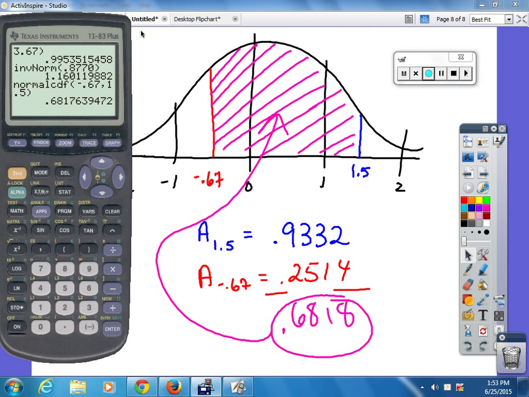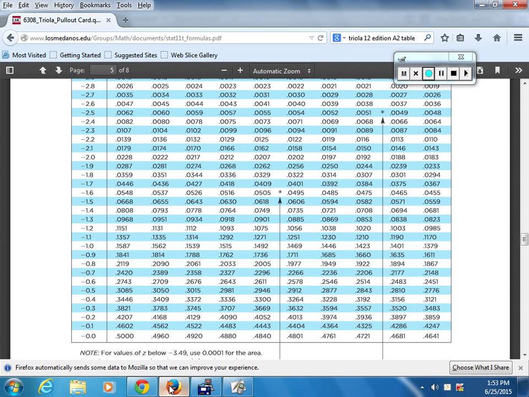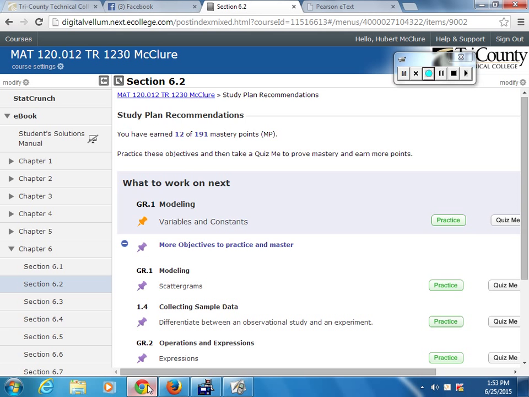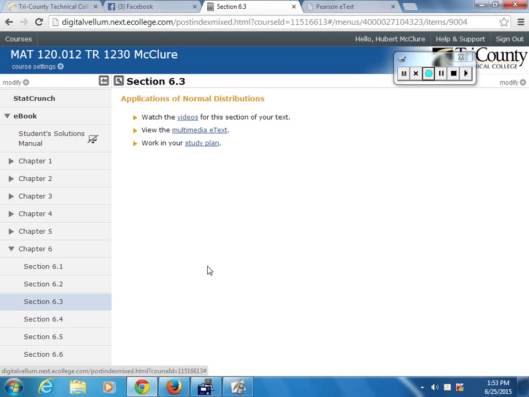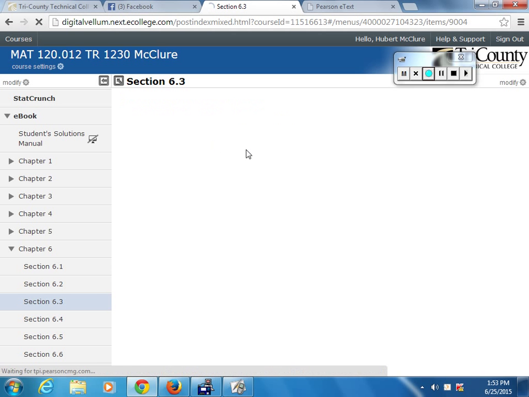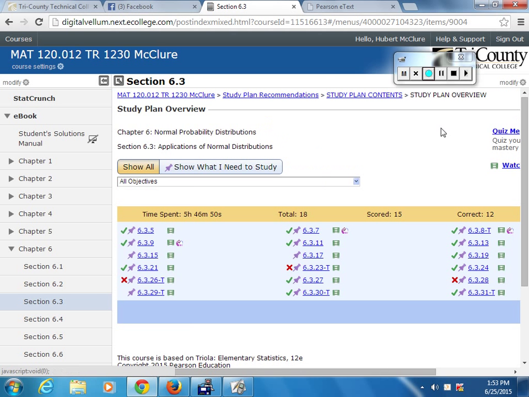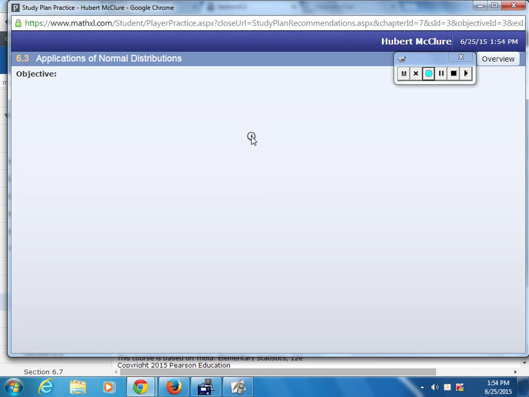And what's hard about it? Well, in 6.3, they add a little twist to it. Let's look at 6.3, and I'll show you what the twist is. I'm not even going to show you the text in 6.3, because I'm going to show you what you're going to do.